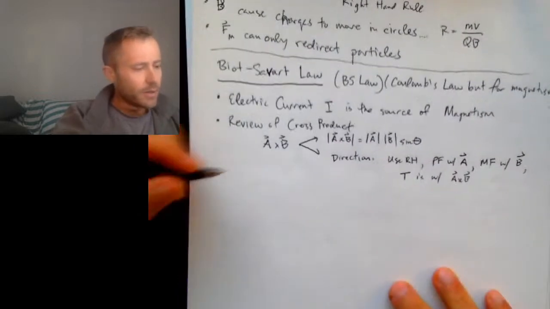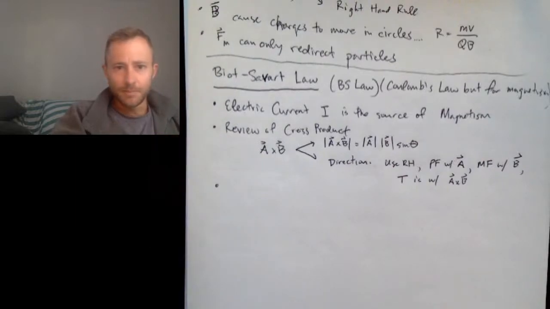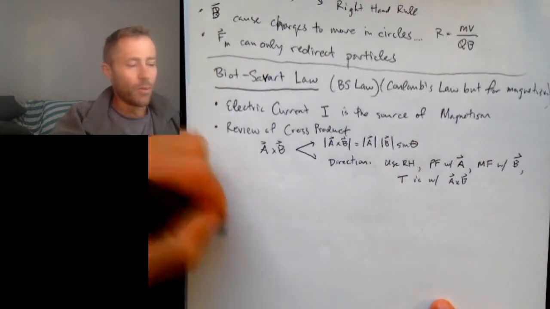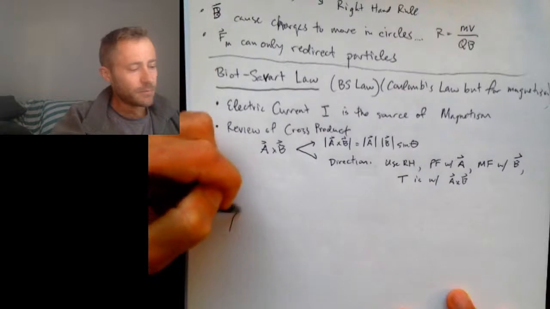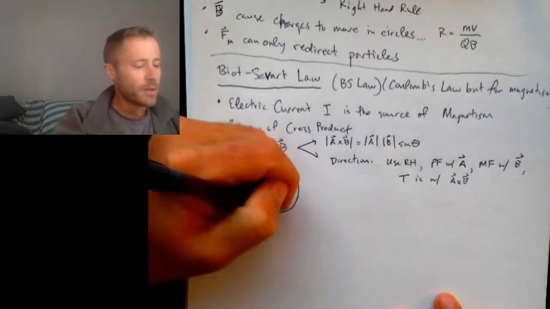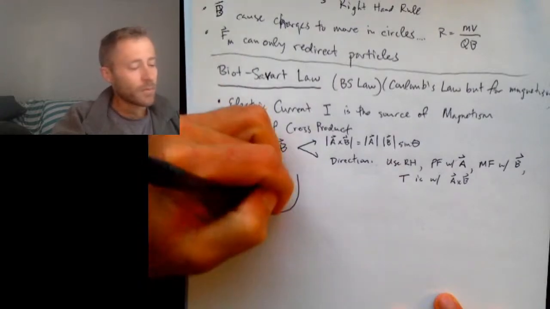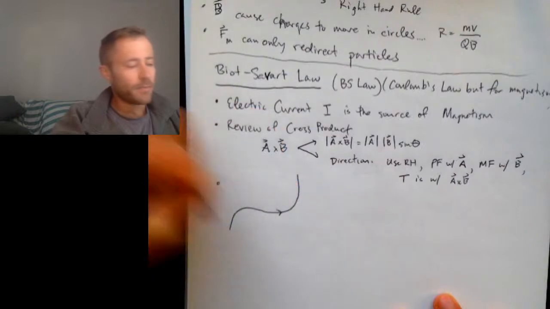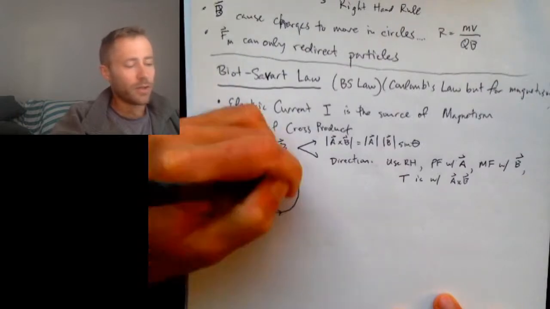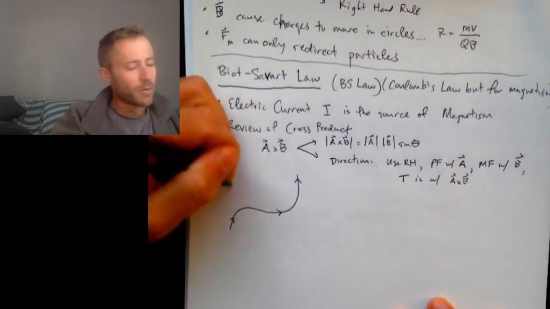Okay, so what I want to imagine is that we have a wire like this, and that wire has current. So the current flow always has a direction, right? So what I want to talk about is a vector, which I will call dl.